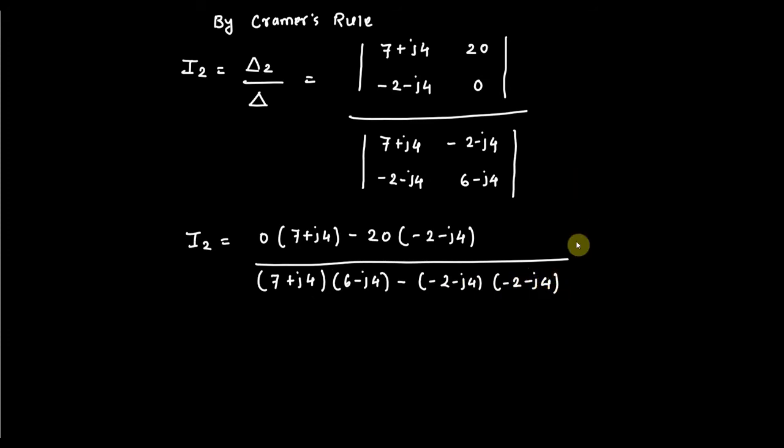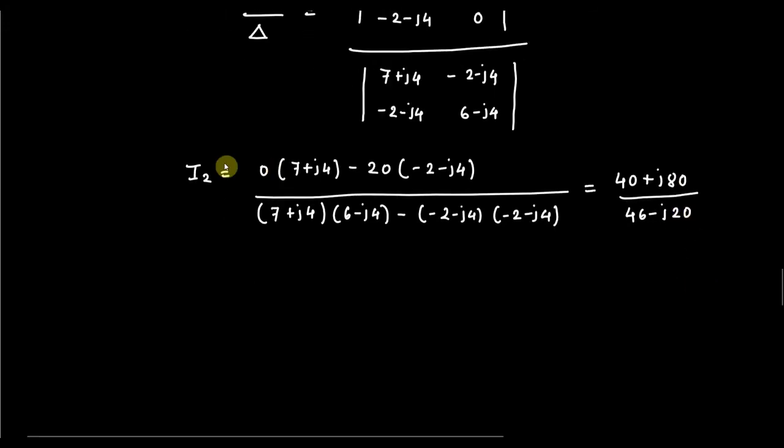Now if you solve, this will be plus, so this will be 40 plus J18. And if you solve this denominator in a calculator, I got the answer 46 minus J20.